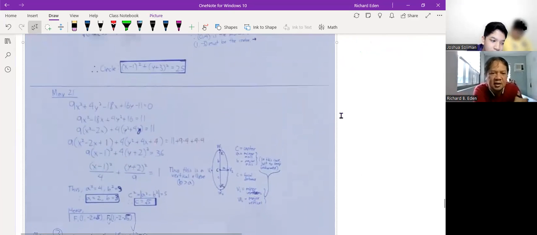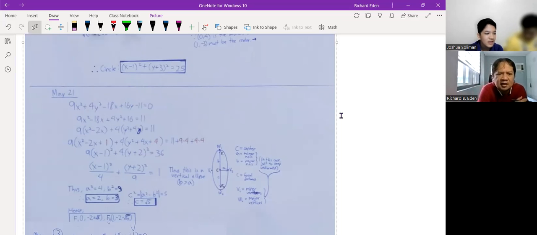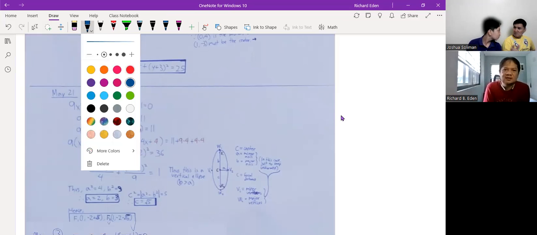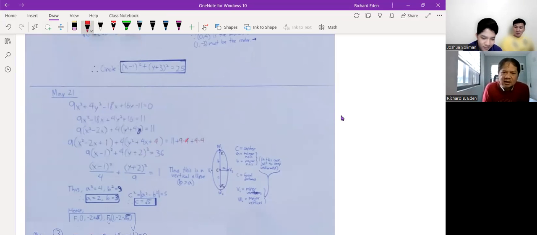Okay, 18x, 4y squared, 16y, move 11. All right, so plus 1 plus 4, so we add on the other side 36. Oh wait, of course, you really meant here. Okay, 9 times 1.